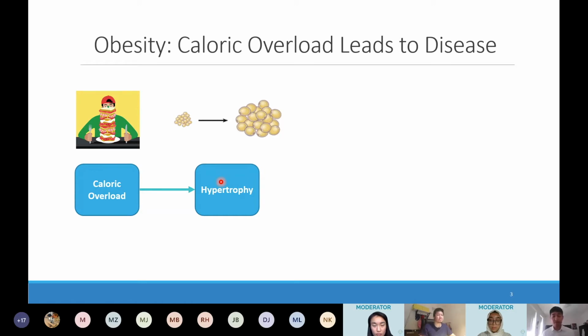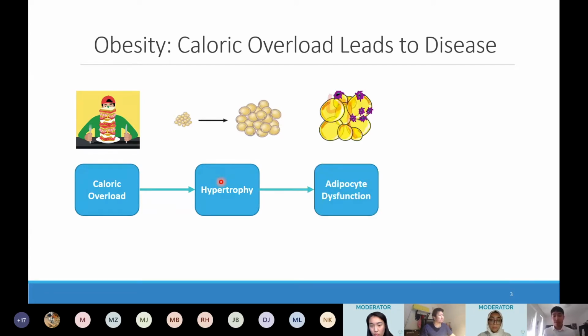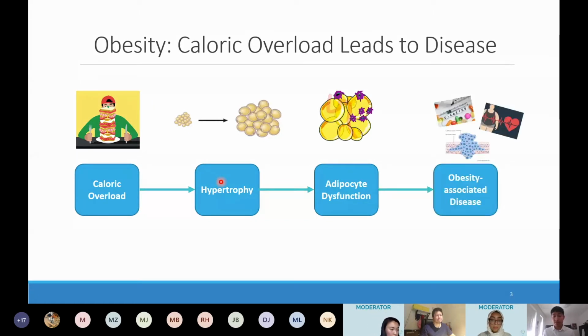However, during obesity, because there is a caloric excess, these adipocytes increase in size and become hypertrophic, which then leads to adipocyte dysfunction and subsequently obesity-associated disease. However, the mechanisms by which adipocyte hypertrophy leads to dysfunction and then subsequently to disease still require further research.